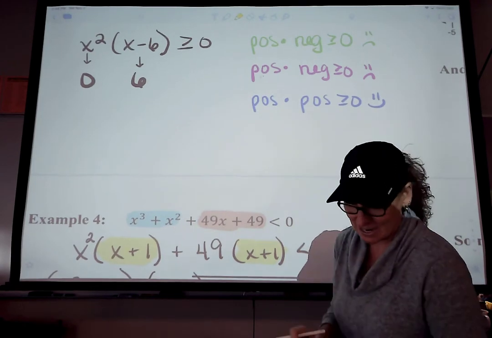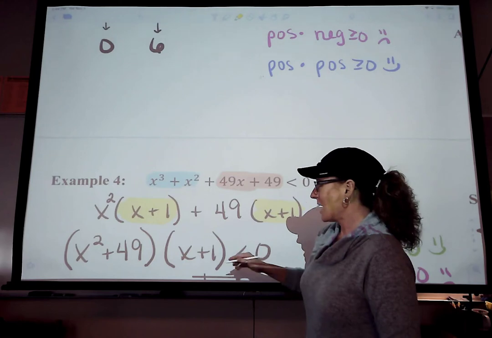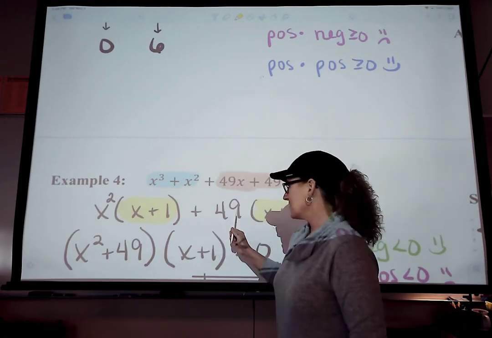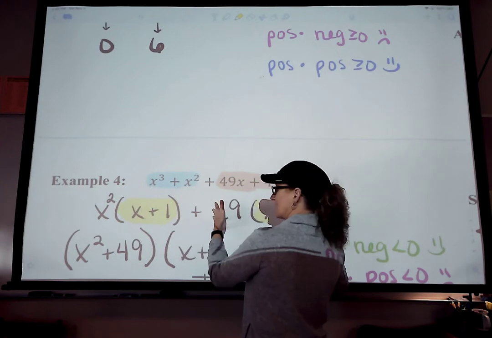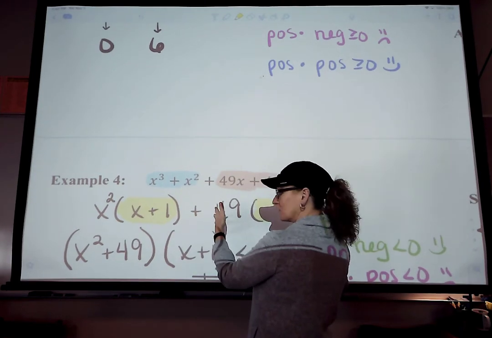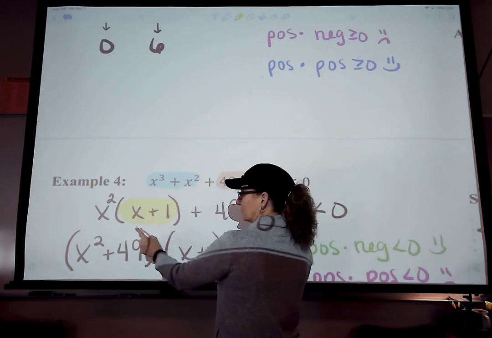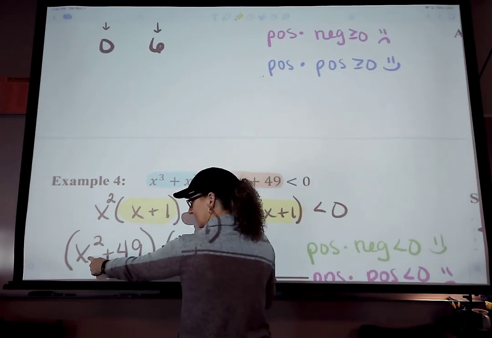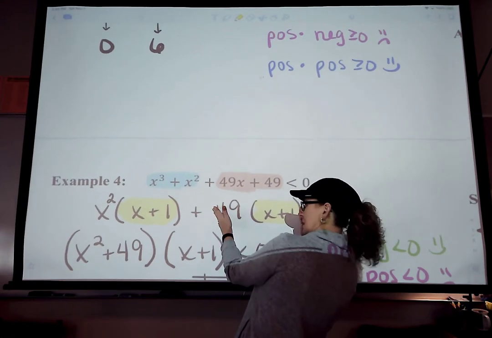And then you can say, okay, I'm going to put this x squared with this. What you're actually doing is you're saying, look, this whole thing and this whole thing have a common factor of x plus 1, and you're pulling out an x plus 1. And when you pull out an x plus 1, this is what's left from here, and this is what's left from here.